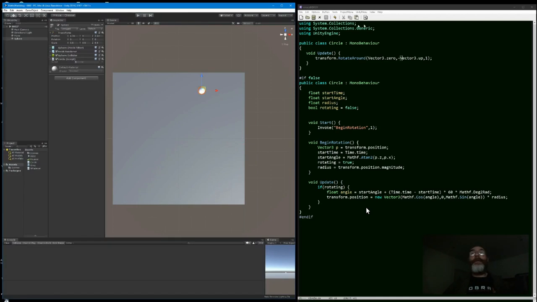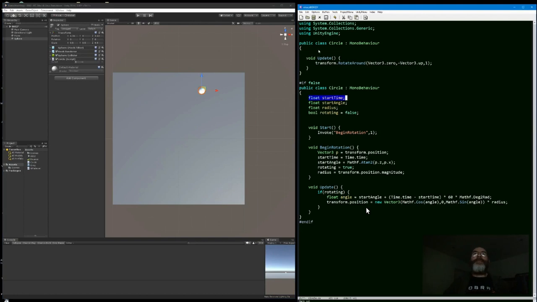And the only thing is that we're doing this, we're not taking into account the delta time anymore. So if we followed the same pattern as before, we'd still need to have a start time.